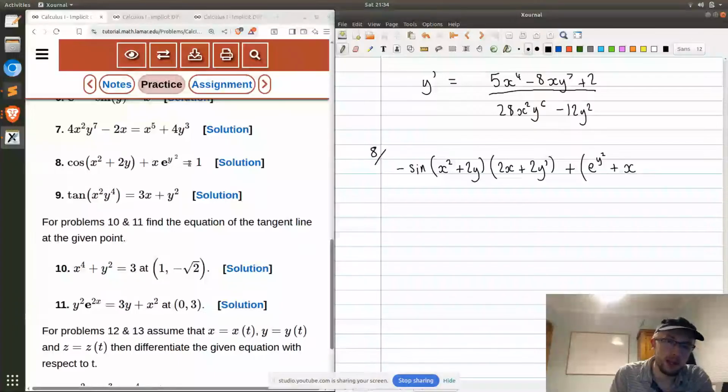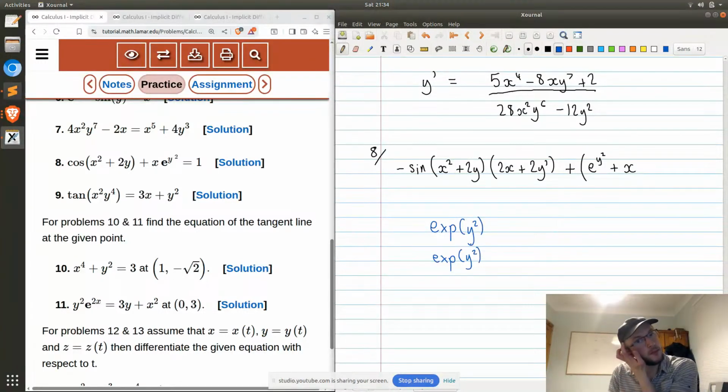Well, this is also a chain, isn't it? It's essentially this. And so by the chain rule, first differentiate the outside one. And then times it by the derivative of the inside one. So it'd be like that. Or so I believe.